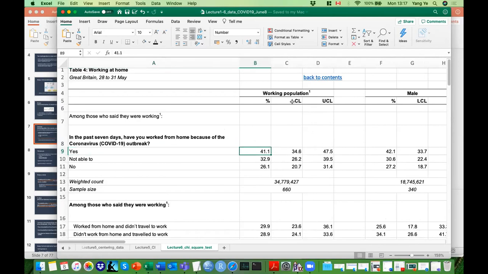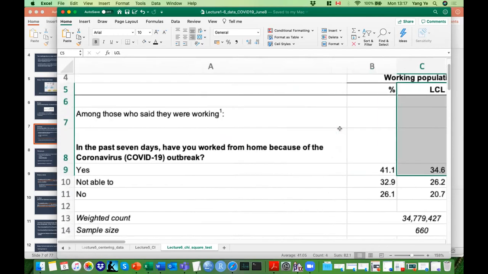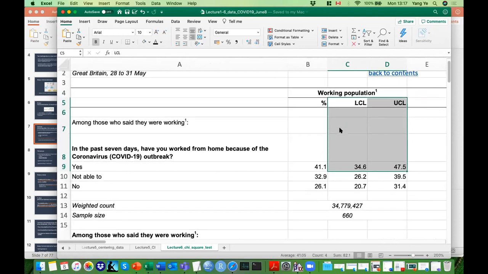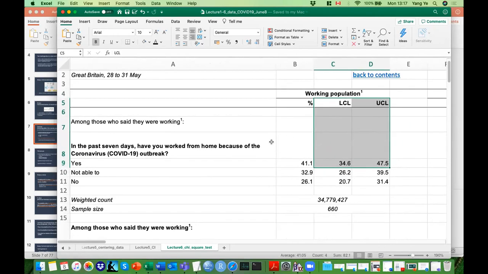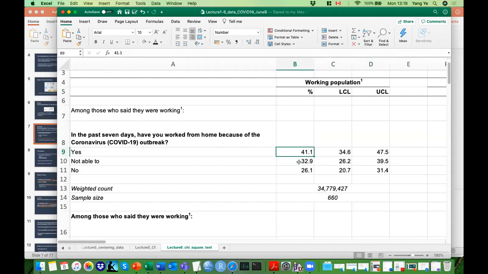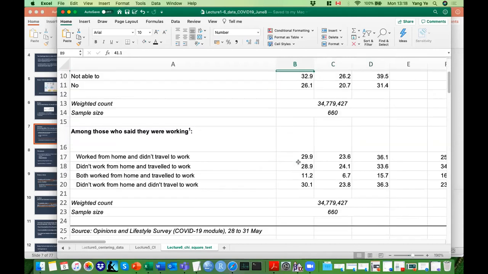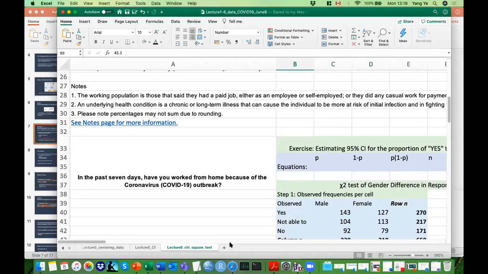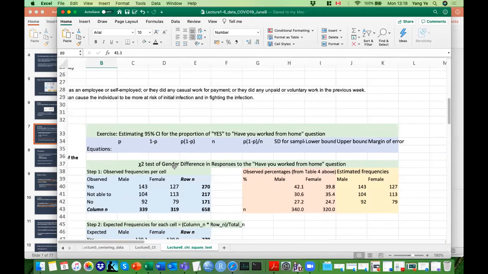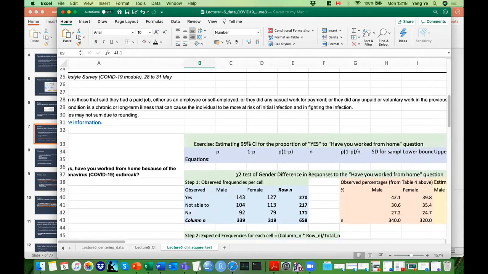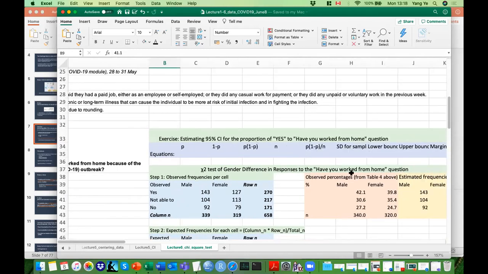You can see that the survey already provided the lower and upper bound of the confidence interval, which means that they have already been calculated, but we want to calculate it ourselves, right? So if you scroll down, I've already provided this little exercise here for the proportion of yes to the have you worked from home question.